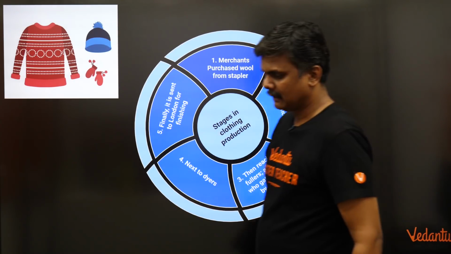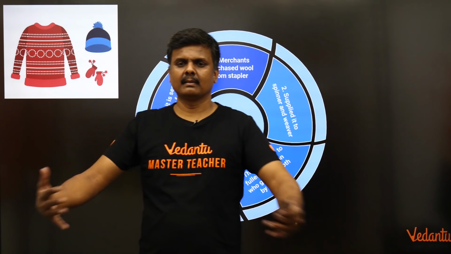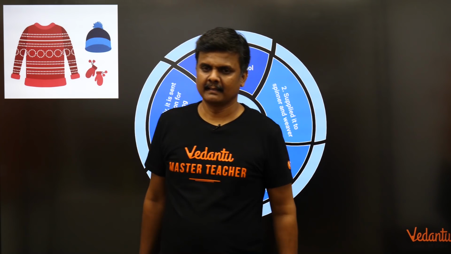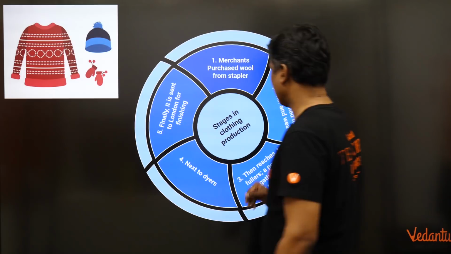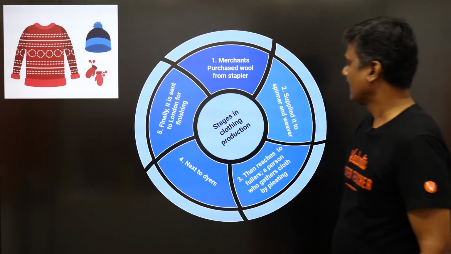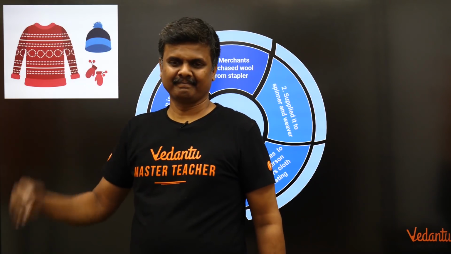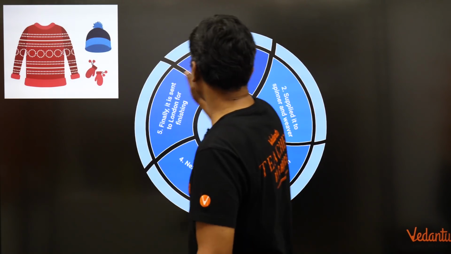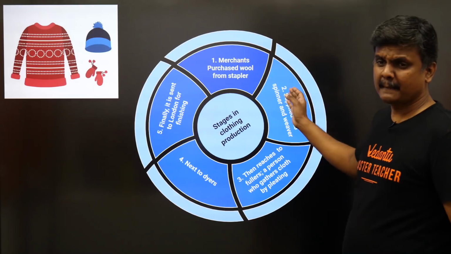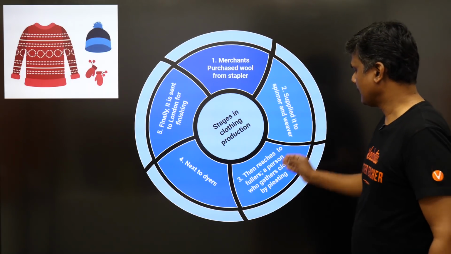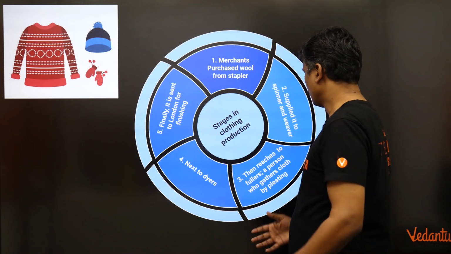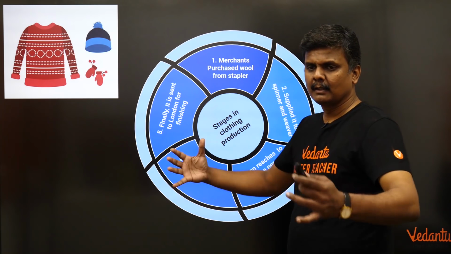Then someone collects the processed wool. That is the third part. They are called fullers. And 4, dyers. These are the processes in clothing production. Procurement, number 1. Number 2, spinning and weaving. Number 3, the fullers who normally gather the cloth together.